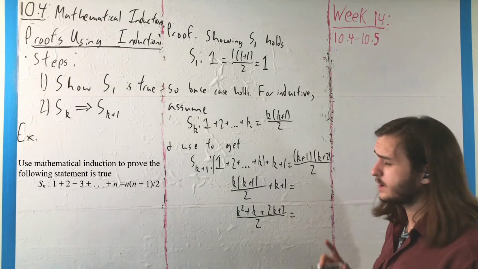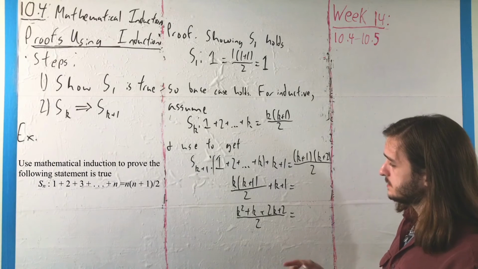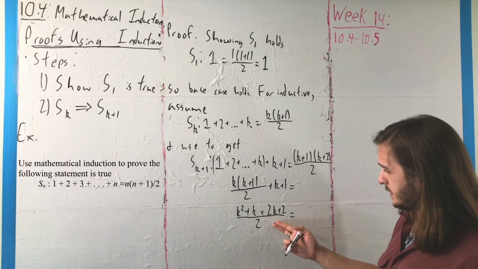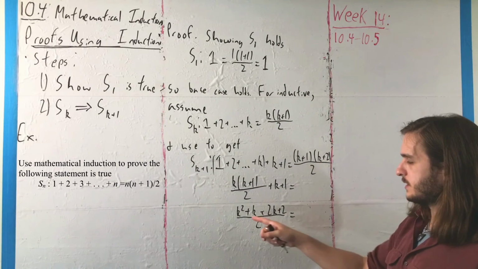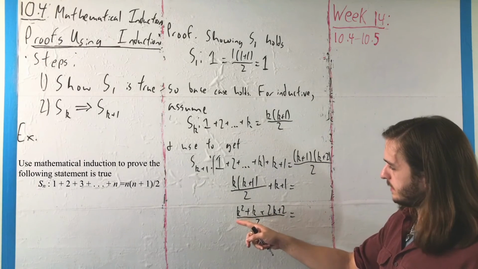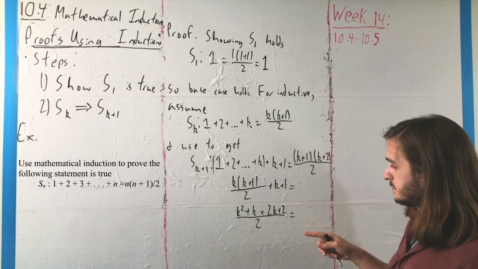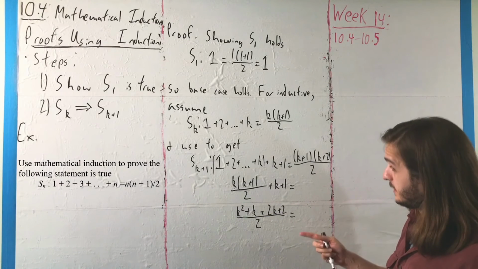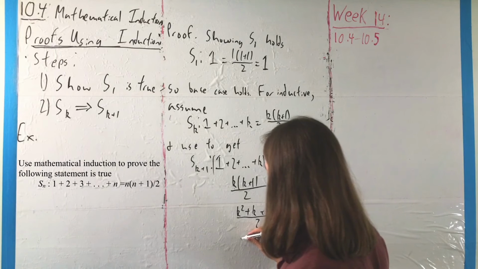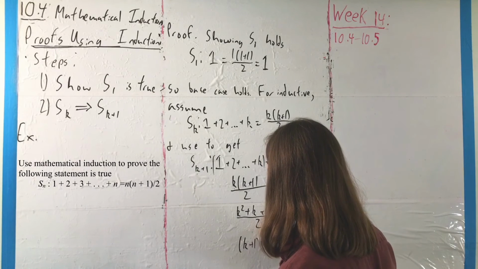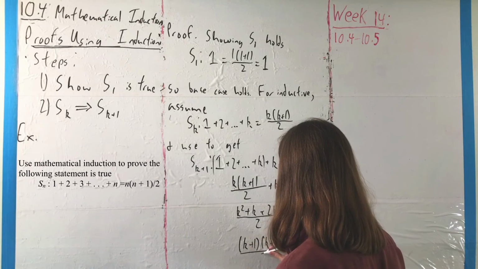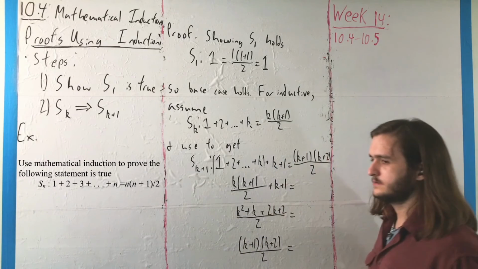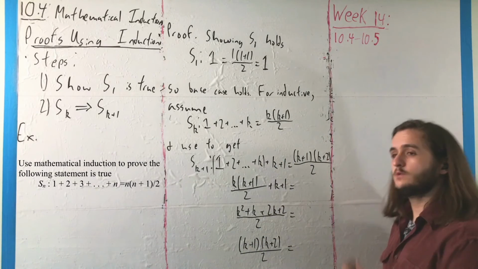We don't know for sure just yet, but if we look at what we have here, we can bring in that k, and if we bring in that k with the 2k, we get k squared plus 3k plus 2, which, not coincidentally, is equal to k plus 1 times k plus 2 over 2, which is exactly what we were hoping to get.